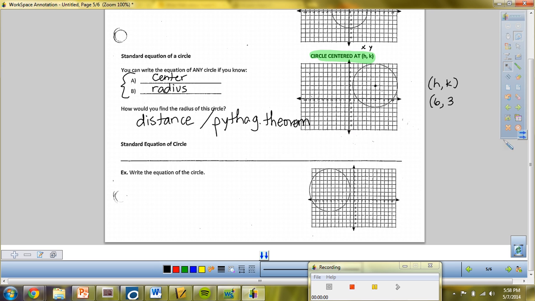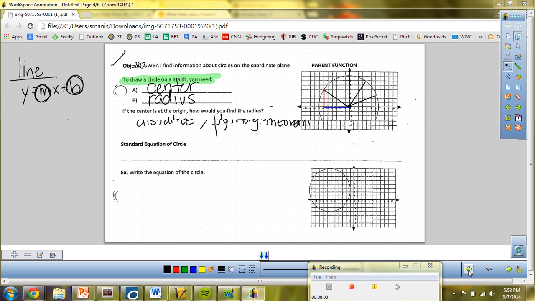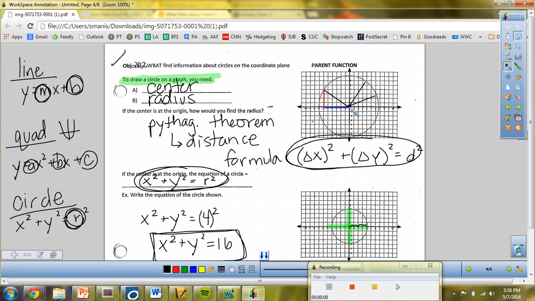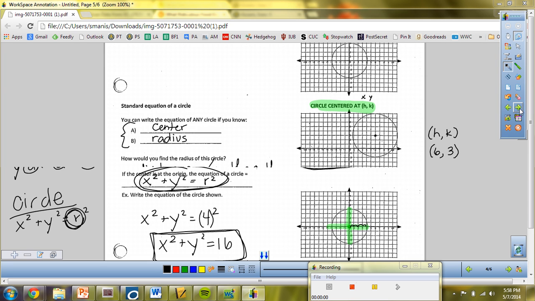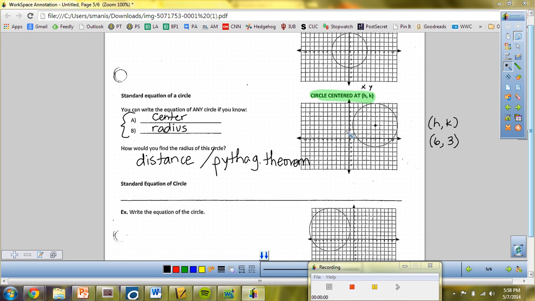So before, I just did the Pythagorean theorem. I drew my circle using 0, and I said, okay, I went over this many spaces, I went over this many spaces. Well, now if I go back to my Pythagorean theorem, I don't want to start from 0.